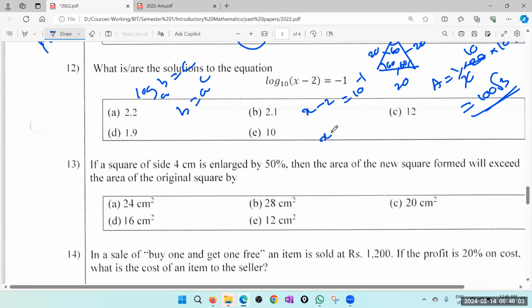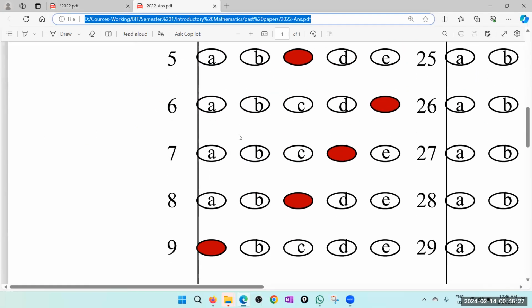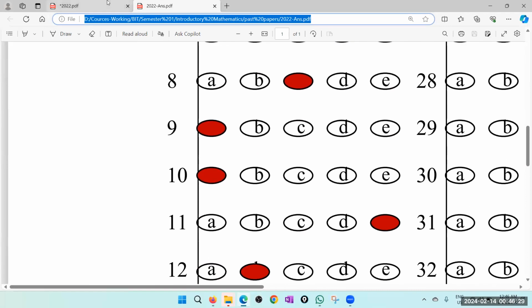So that is x minus 2 is 1 over 10 to the power 1, that is 1 over 10. So now I can cross multiply: 10x minus 20 equals 1. That is 10x equals 21. So therefore x equals 2.1. The answer is B. Question 12 answer is B.